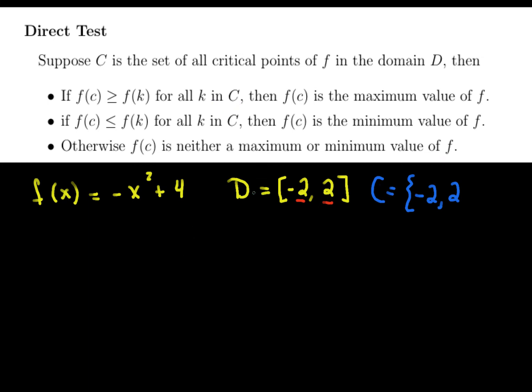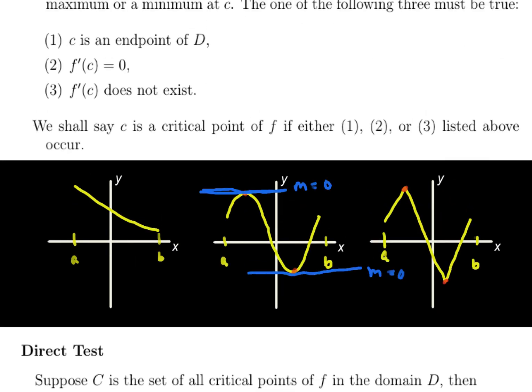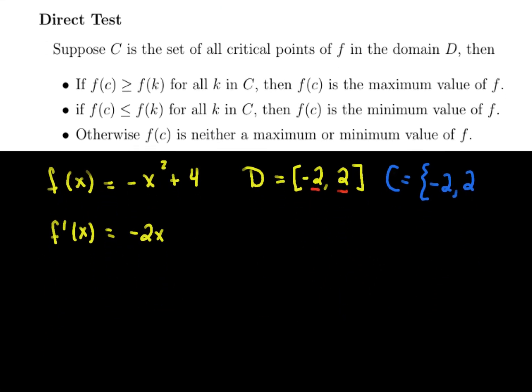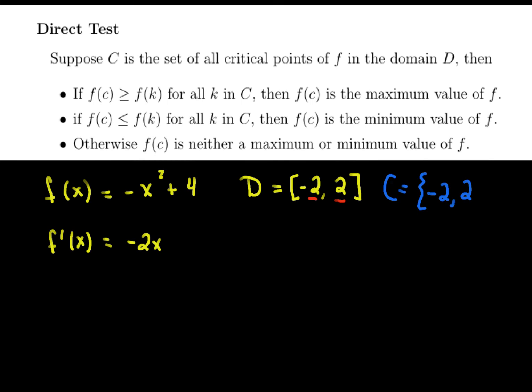So let's look at the derivative. f prime of x is equal to -2x. We want to know when is the derivative 0 or when does it not exist. Well, -2x exists everywhere, so there's nowhere where it fails to exist. But we can ask the question, when is it 0? And it's 0 when x is 0.